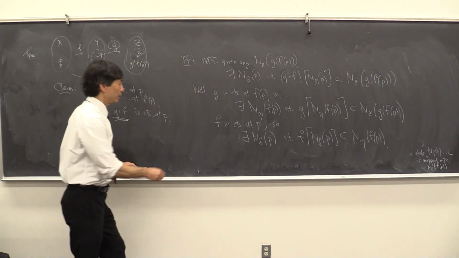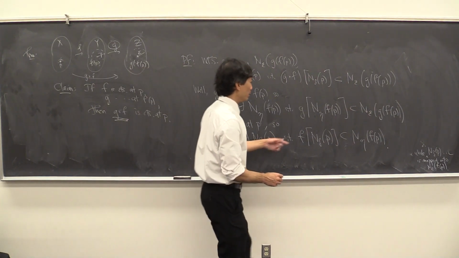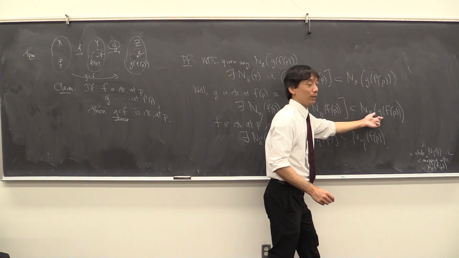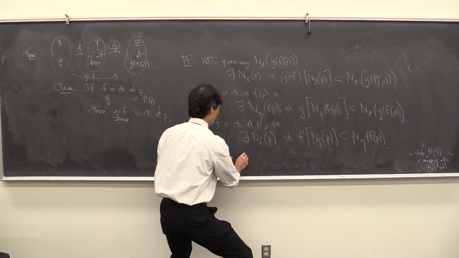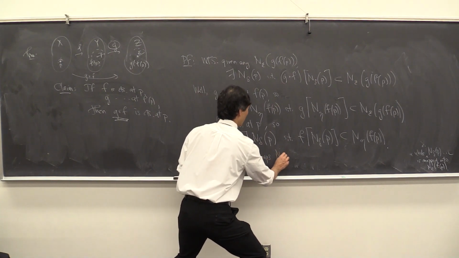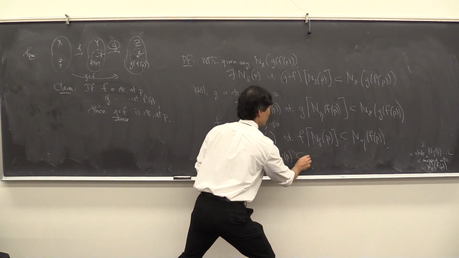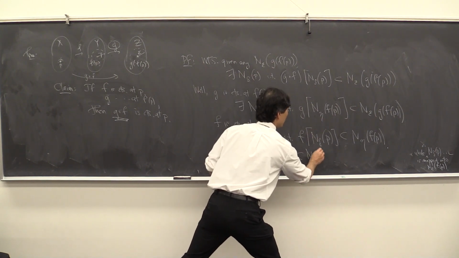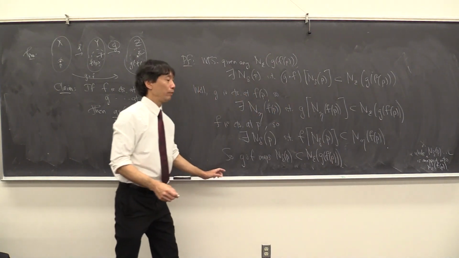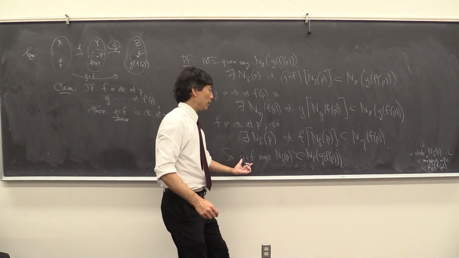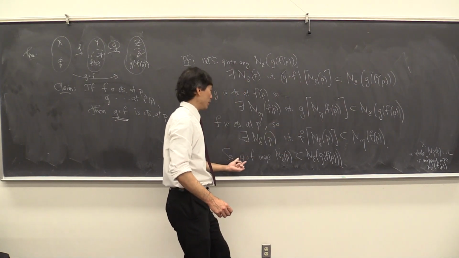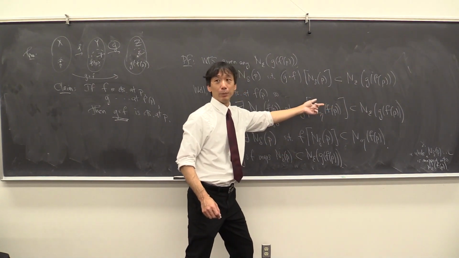But then g maps that eta neighborhood into the epsilon neighborhood. So g composed with f maps the delta neighborhood into the epsilon neighborhood. Because you hit it with f first, it gets mapped into the eta neighborhood, then you hit it with g, and it gets mapped into the epsilon neighborhood.